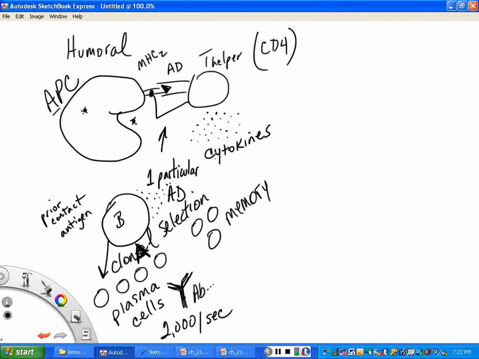Memory cells are not capable of making antibodies yet. What's a word that means they can't make them yet? Pardon? Not a fancy word we learned tonight. It's just a word that means they have to sit there and not do anything for a while. They lie dormant. They're dormant.